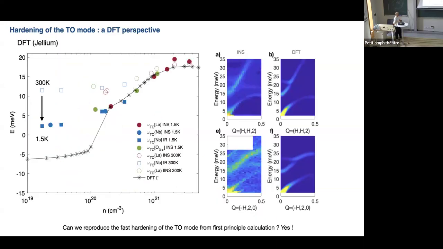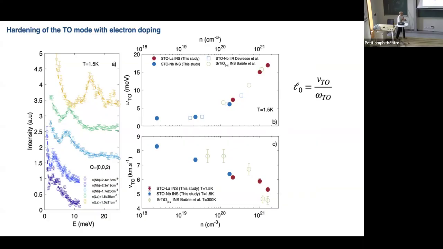And actually, one remarkable thing in this result is that we use different types of dopants. We use lanthanum and niobium, but there were previous measurements by Bauerle in the 80s that studied the evolution with oxygen vacancies. And it turned out that it doesn't really matter.